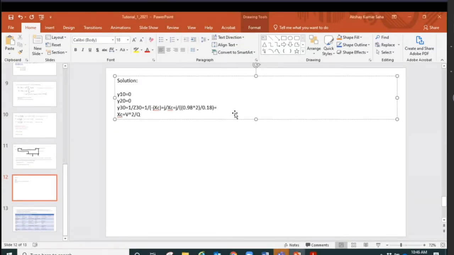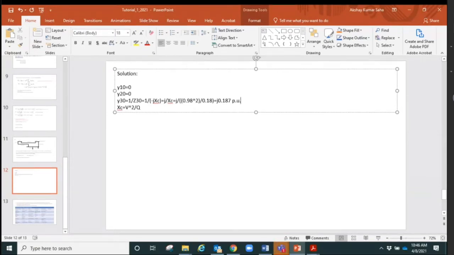0.187, that's correct. Anyone else? j0.187 per unit. Anyone else who can confirm this value is correct? You are getting the correct value.